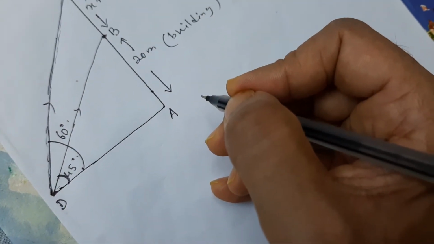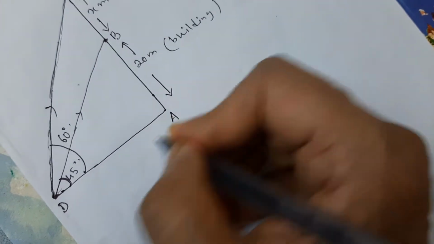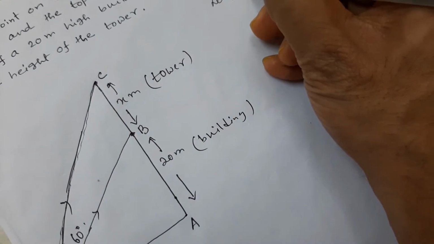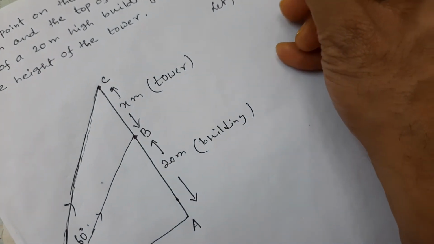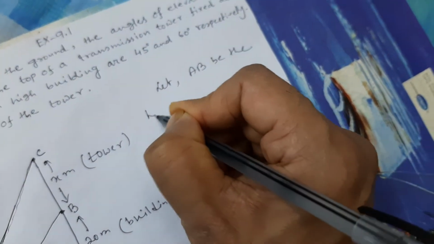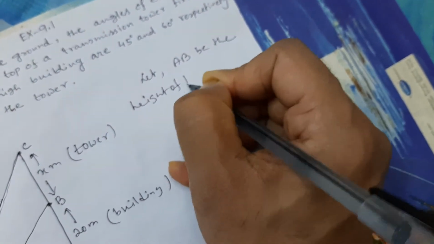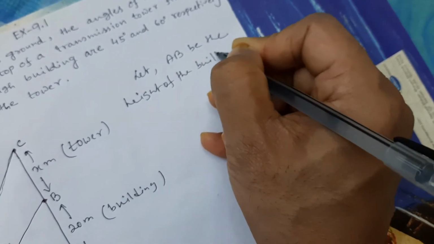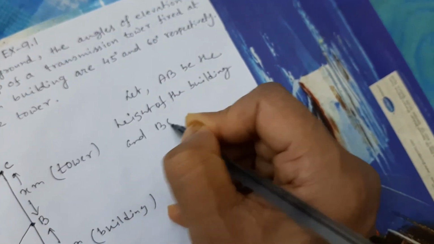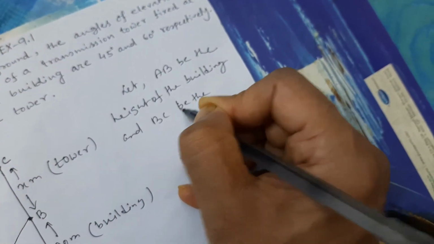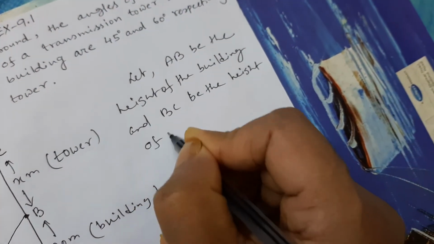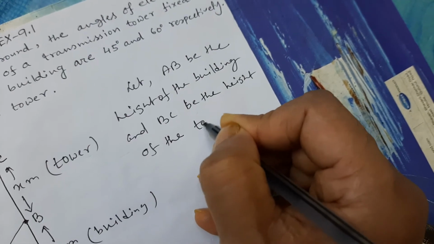Okay, so AB is the base. Let AB be the height of the building and BC be the height of the tower.